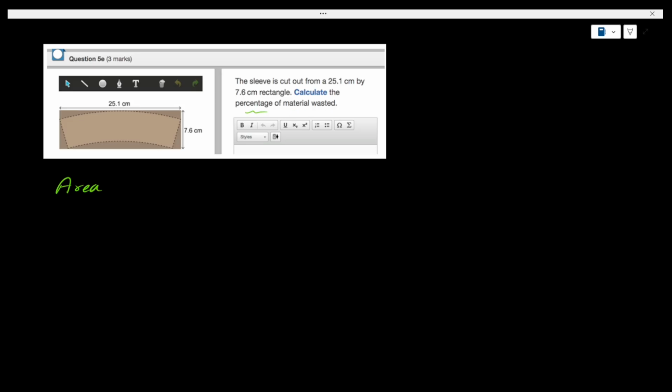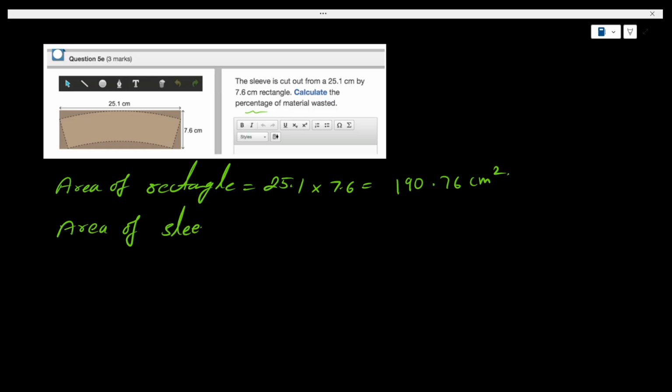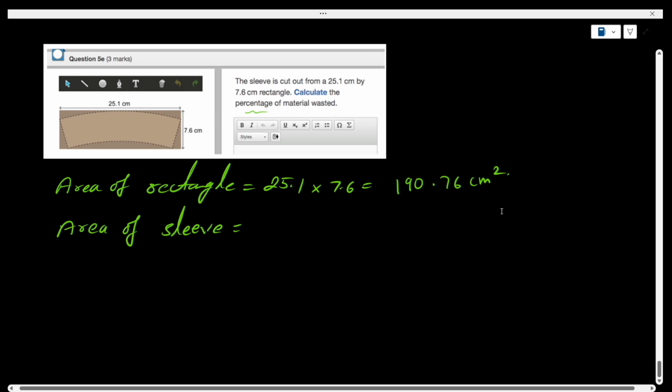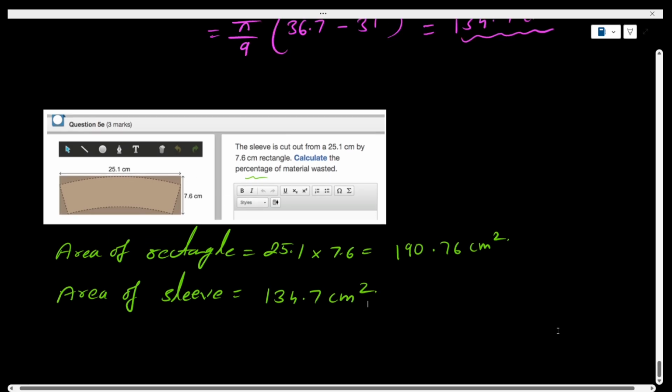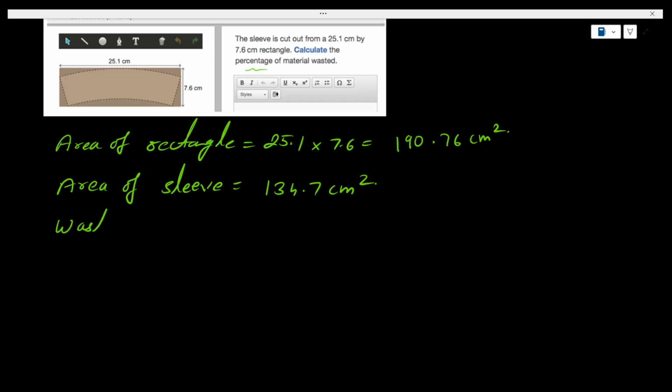First, the area of the rectangle is 25.1 times 7.6, which is 190.76 square centimeters. The area of the sleeve, which you already got in the previous part by subtracting the area of the sectors, is 134.7 square centimeters. Now the wastage is 190.76 minus 134.7, which gives 56.06 square centimeters.